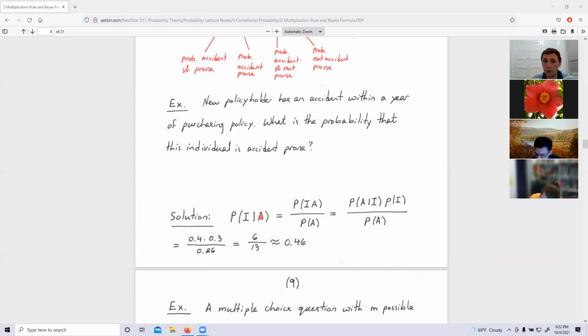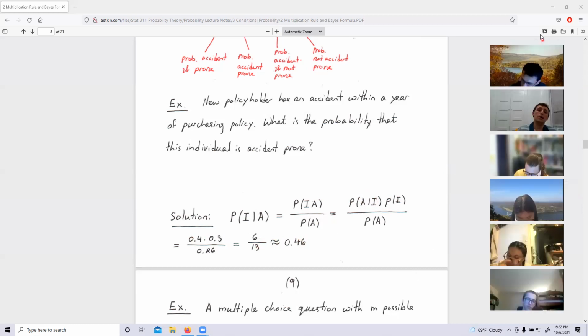Here, the prior probability was A and the posterior was of I. Here, the prior event is I and posterior event is A. So the numerator is the probability of accident given accident prone, 0.4, times the probability of being accident prone, 0.3, so it's just 6 out of 13 or approximately 0.46. So it's more likely the person is accident prone than just a general person from the population. You follow?